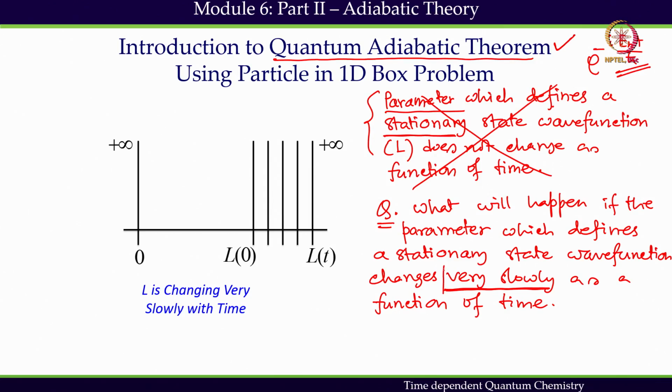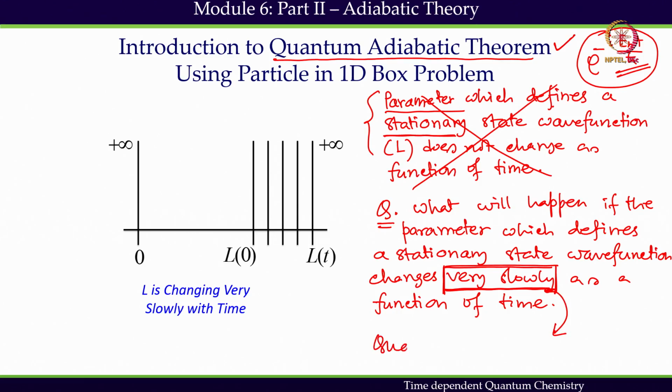Adiabatic approximation assumes that the parameter is changing very slowly. So, our target is not the time dependent phase factor; our target is the parameter which is changing as a function of time very slowly. And this slow temporal change is an approximation in the quantum adiabatic theorem.